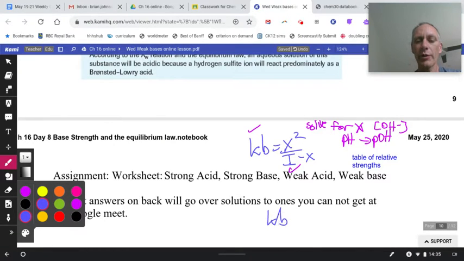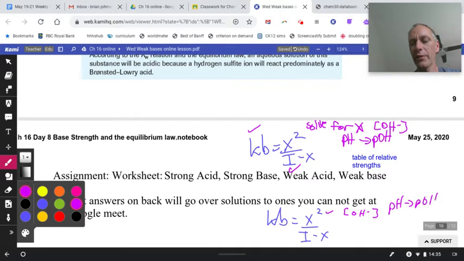Question number 2: I'd give you the pH, and you'd turn it into pOH, and then turn that into the concentration of hydroxide. And I could give you the initial concentration and say calculate Kb.